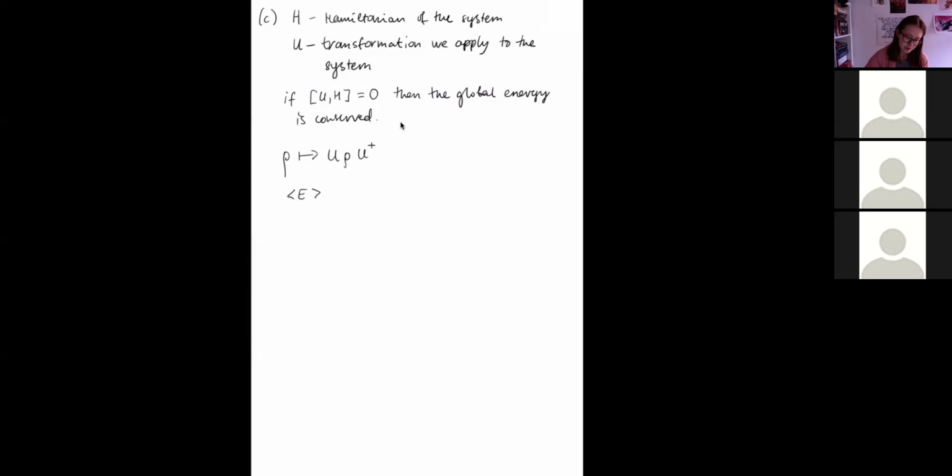The initial energy of the whole system, the expectation value, would be just trace of rho H, because H is the observable that corresponds to the energy of the system. The expectation value of energy after the transformation is applied, if this is rho prime, then it is trace of rho prime H, which is the trace of U rho U dagger H.